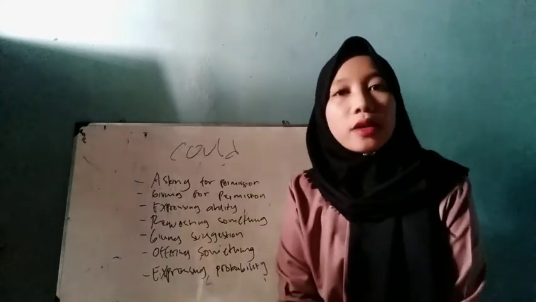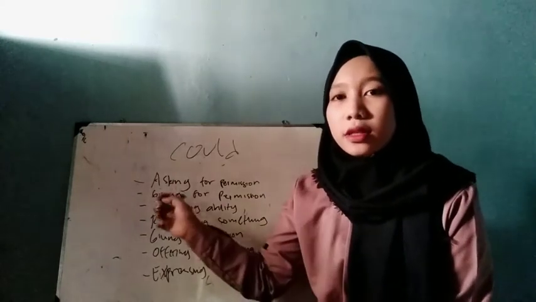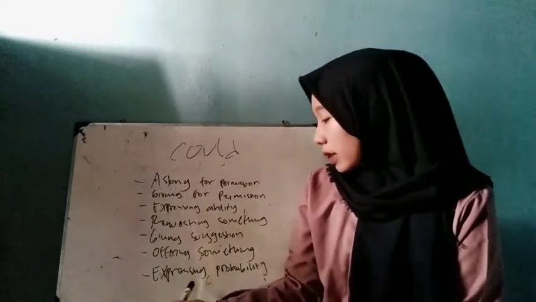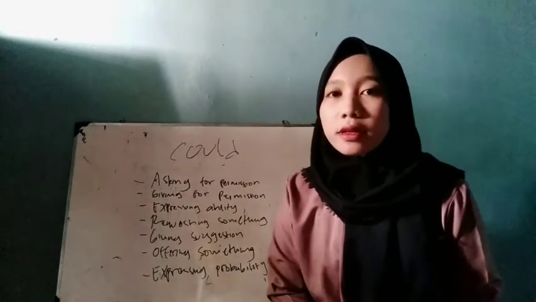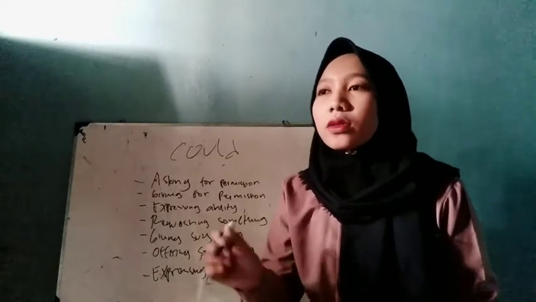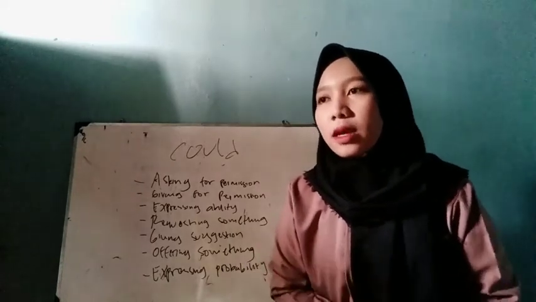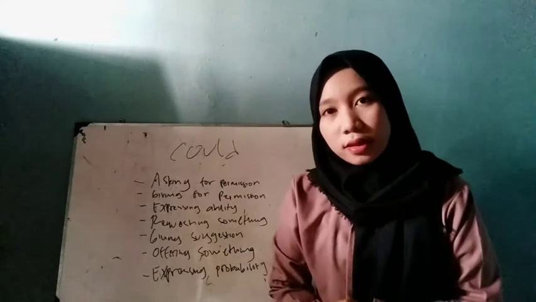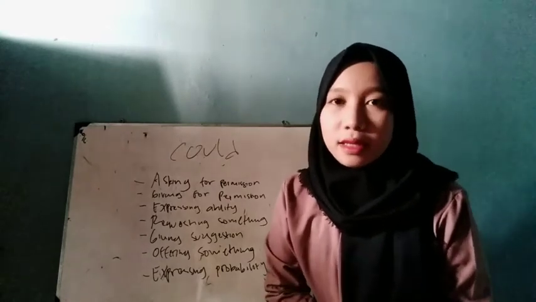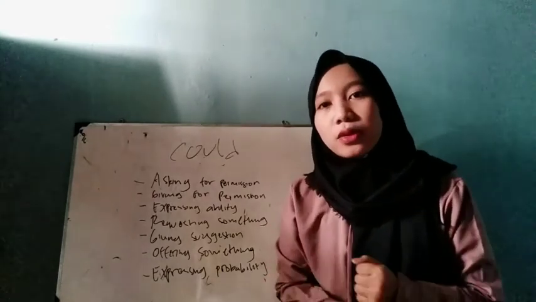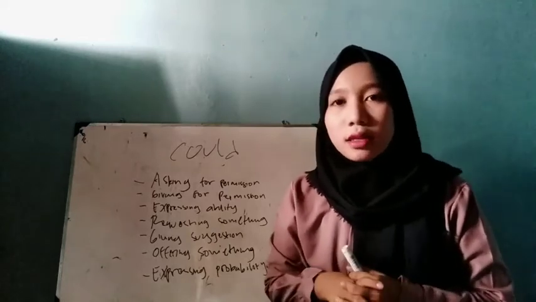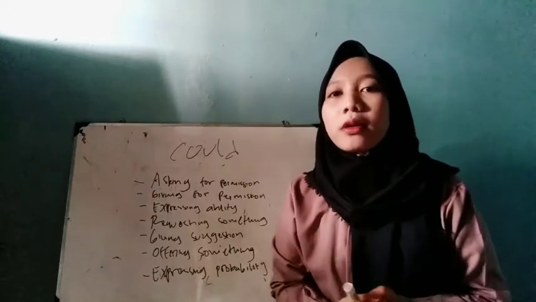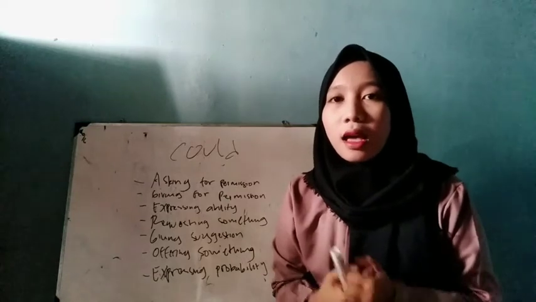How can you make an expression using could to express the probability? Okay, for example, you can say, I could go with you after I finish my homework. Or you can say, okay mom, I think I could help you to clean the entire house, but right now I need a time to have more rest because I am too sleepy.